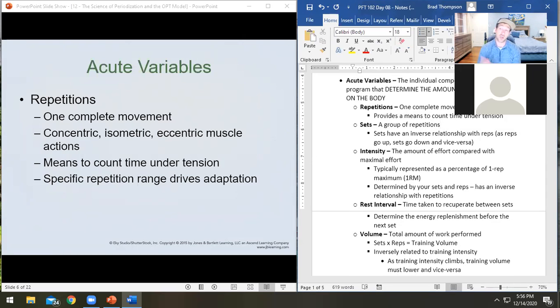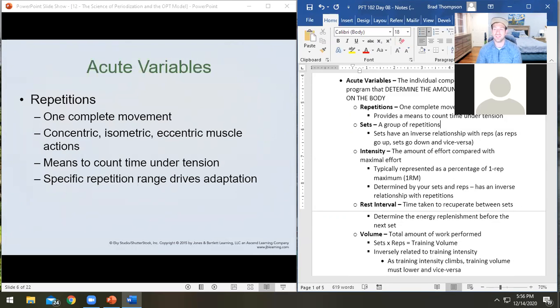So metabolism targeting, quote unquote, which is a term I just made up, is based entirely on your time under tension, the duration that you are performing an exercise for, not the number of reps, although obviously there is a correlation between number of reps and time under tension.